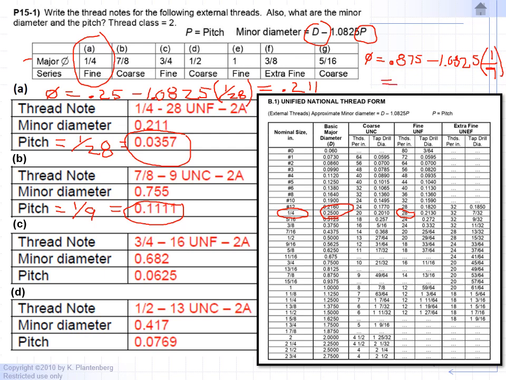Okay, so once again, 0.875. But we need to respect order of operations, so we need to first go 1.0825 times 1/9, or 0.11111, right? So whatever you get, you're going to subtract it from 0.875, and that'll give us 0.755 for the minor diameter.